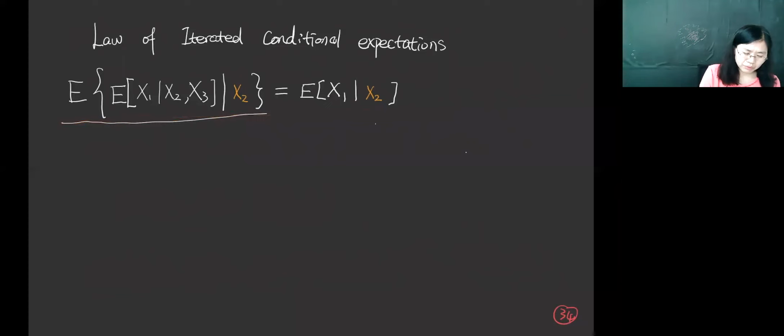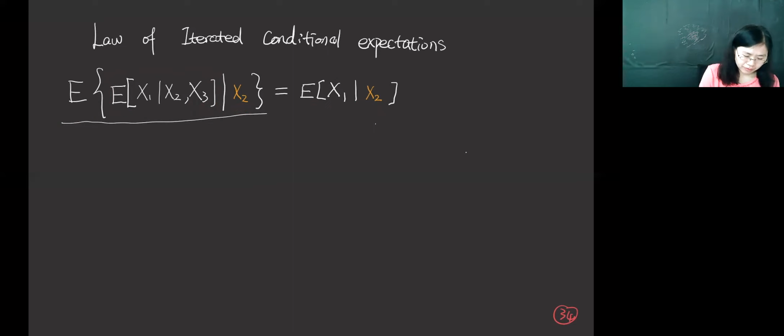When you take conditional expectation given X2 of another conditional expectation given X2 and X3, that will be the same as just taking one conditional expectation given the conditioning variable of the outer expectation.